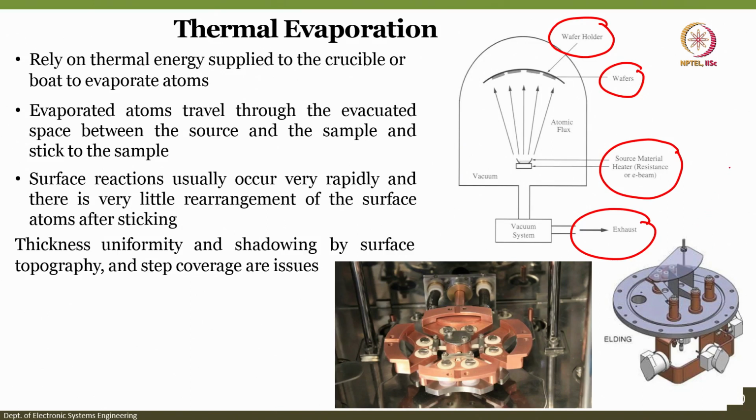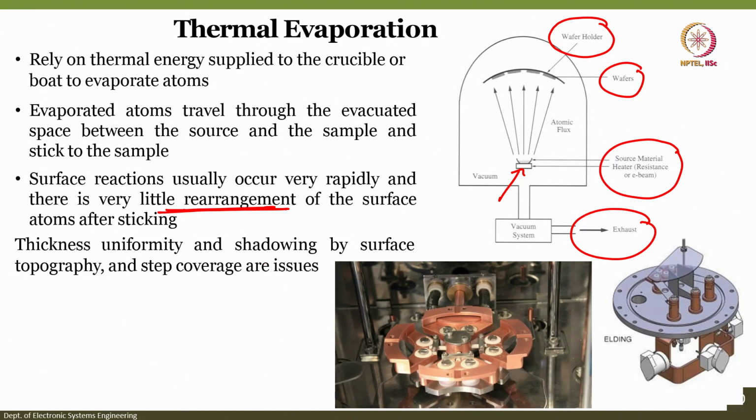The thermal evaporation system relies on energy supply to the crucible, which is here, or boat, to evaporate the atoms. Evaporated atoms travel through the evacuated space between source and the sample. Surface reaction usually occurs very rapidly and there is very little time of rearrangement of the surface atoms after sticking.